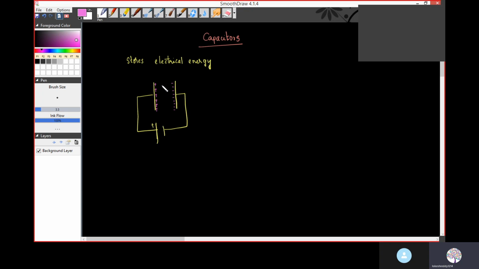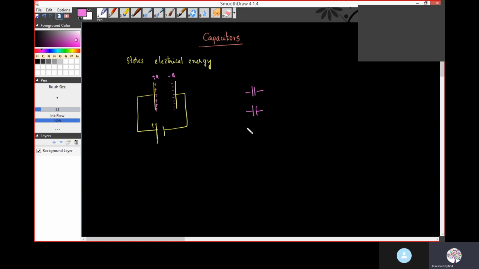So now there is an electric field here. So this is plus Q, and this is minus Q. The symbol of the capacitor is like this, or else in some books it will be like this.